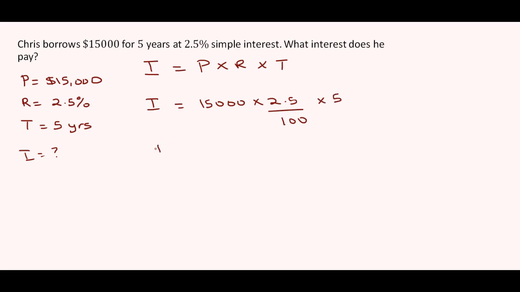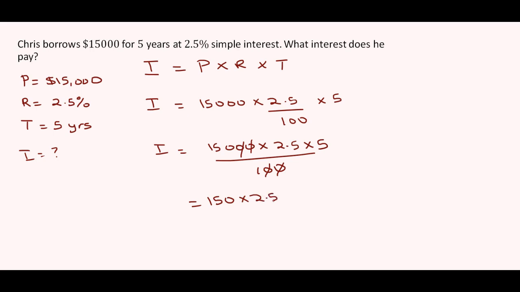So now I is equal to 15,000 times 2.5 times 5 divided by 100. So zeros, we'll cross out zeros. So now we have 150 multiplied by 2.5 multiplied by 5.